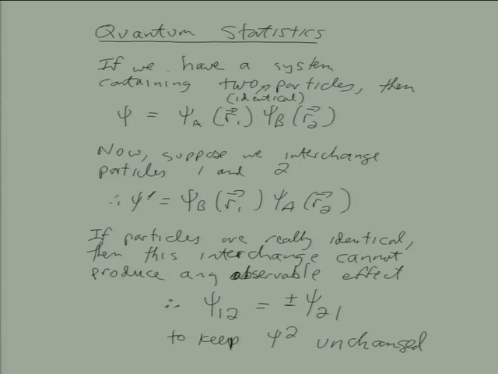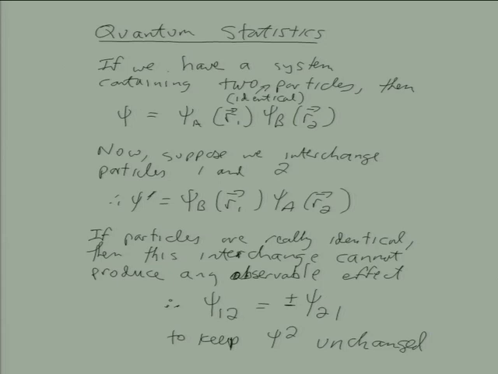So if that's true, then the wave function psi that describes that composite system of 2 identical particles can be written as a product of 2 individual wave functions. So let's say I've got 2 neutrons.